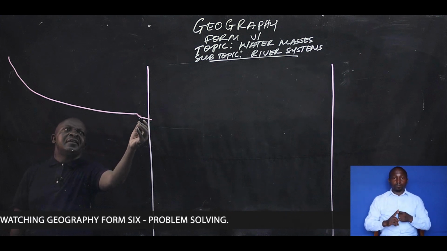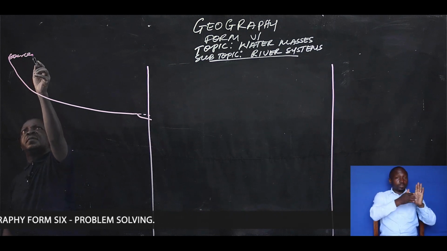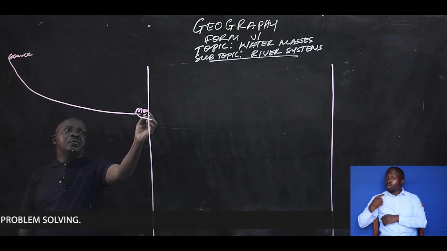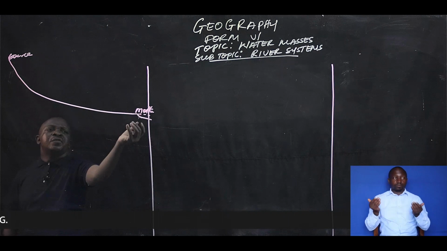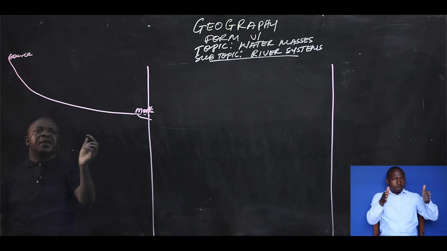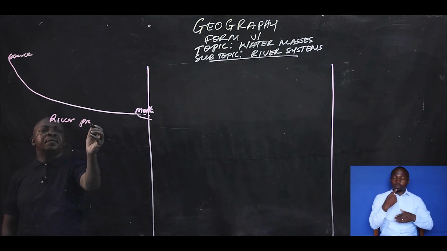Here, the river ends. The source, the mouth. So from the source to the mouth, there is considerable length. The length of the river is what we used to say river profile.